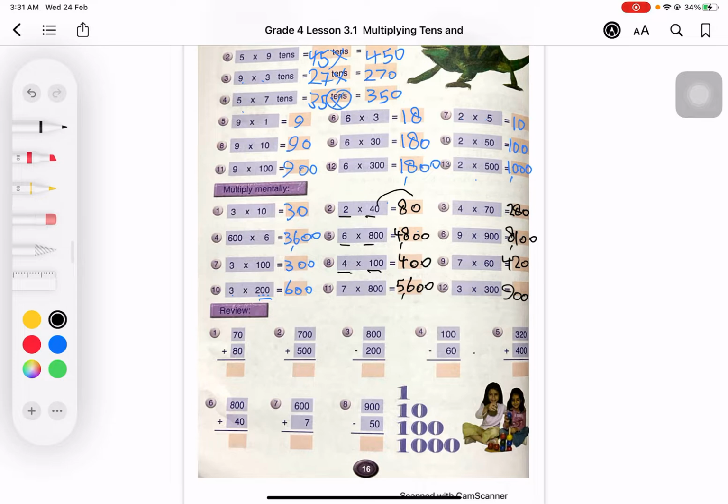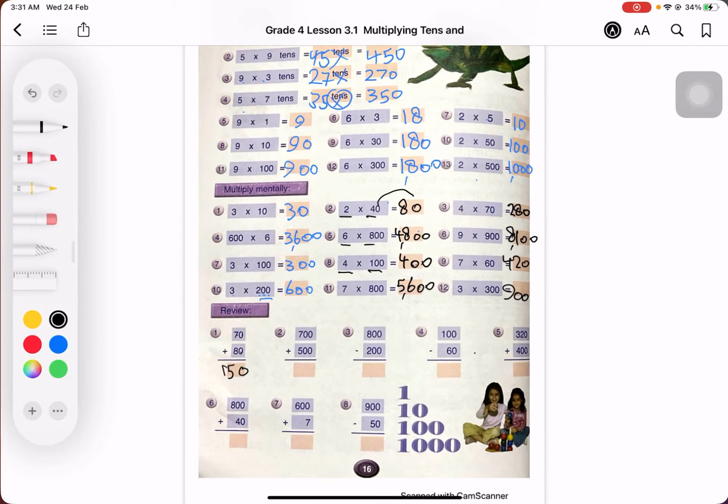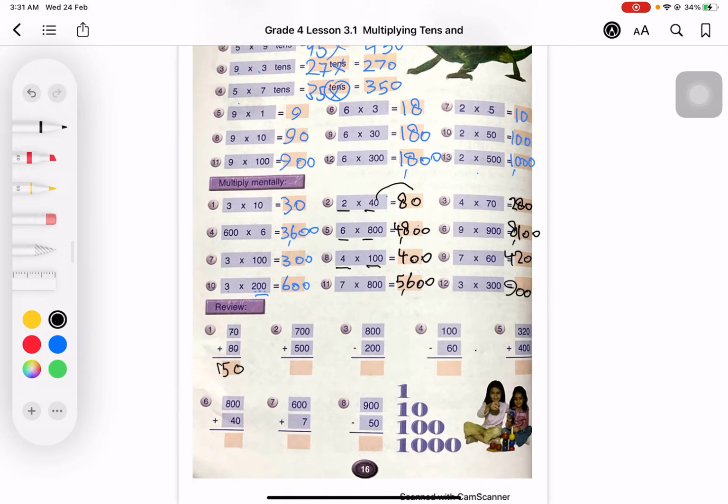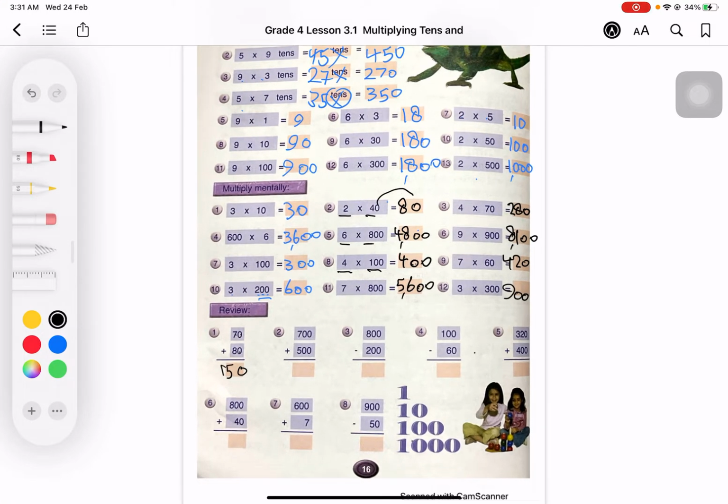They put for you 70 plus 80. Look how they align the digits under each other, the ones under the ones, the tens under the tens. The 0 will go down. 7 by 8, how much? 15. Now, if I have here 70 plus 80, I will continue the pattern. 1, 2, 3. They said it becomes 700, and here 500.